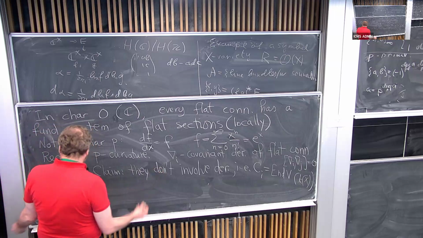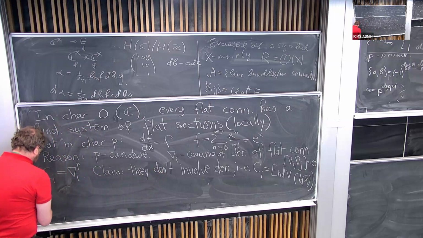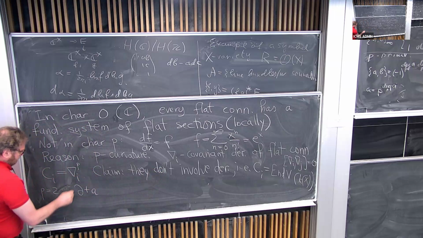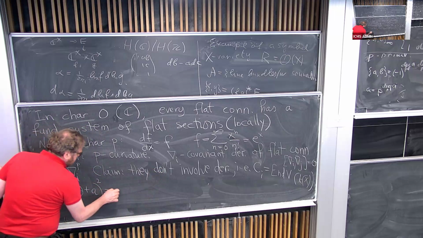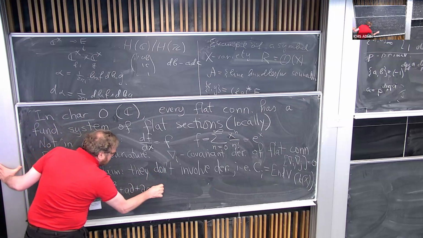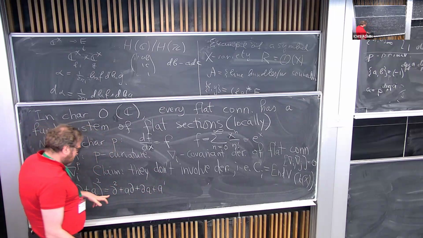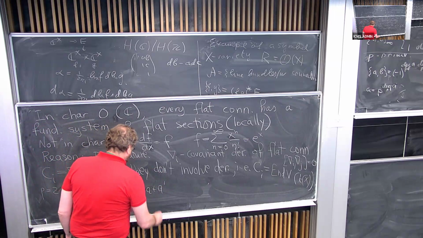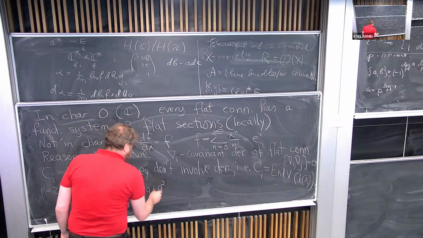And so, well, you can check it, for example, for p equals 2. So if you have D plus A, and if you square that, that's going to be D squared plus AD plus DA plus A prime, and then plus A squared, I'm sorry.